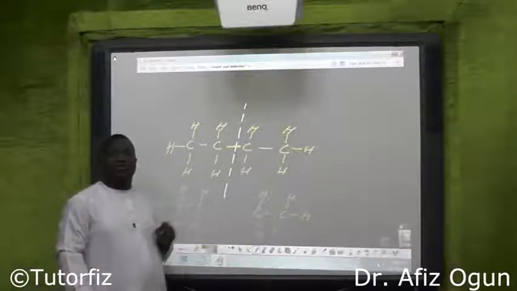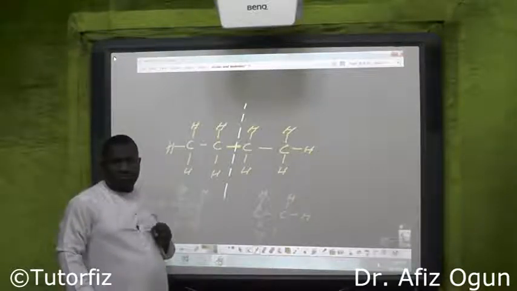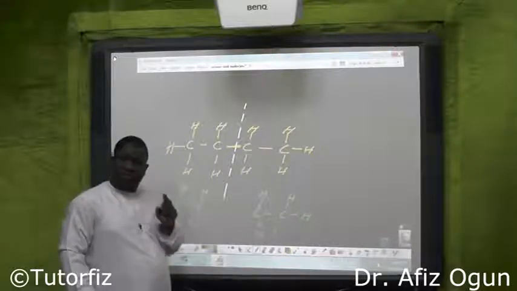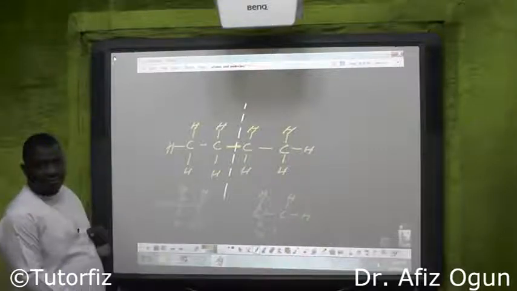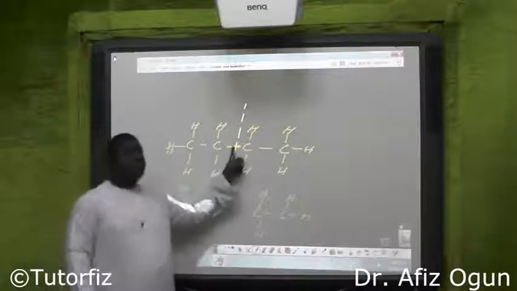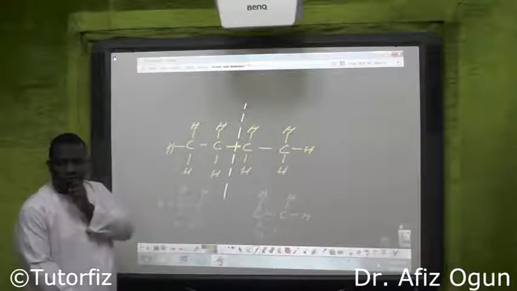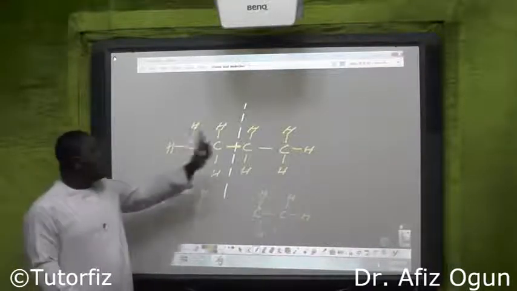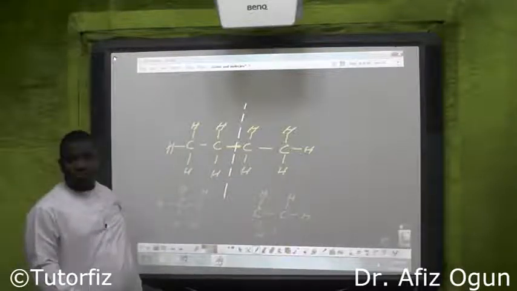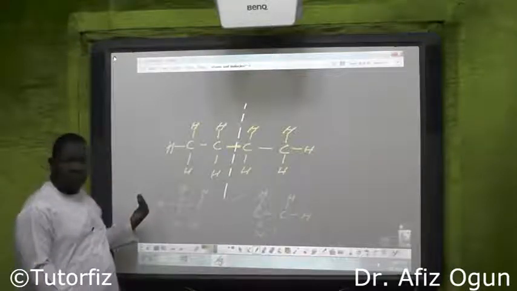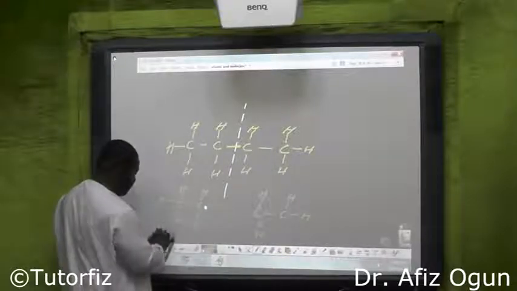Every covalent bond in organic chemistry contains 2 electrons. Now, what happens? When an electron is knocked off from this bond, it breaks the bond, but one out of the 2 electrons goes away. One remains. If it remains with this, it becomes what we call a free radical.